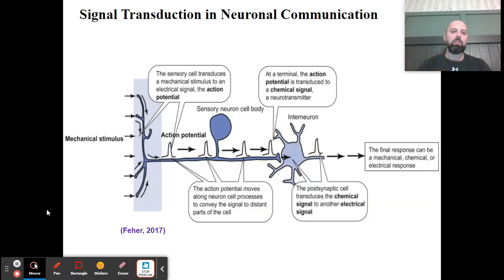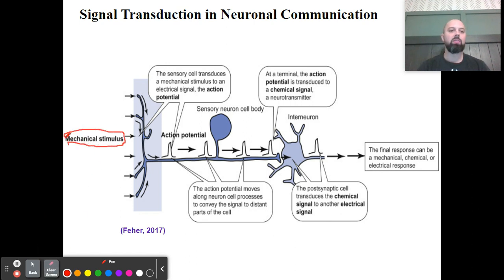All right, to wrap this up, we talked about signal transduction and neuronal communication. So, just to kind of talk here, we can have a mechanical stimulus. This would maybe be associated with a stretch or a pressure gated ion channel. So, that pressure, maybe that's a sensor on your skin that's sensing this pressure, and it's going to cause an action potential down that neuron.